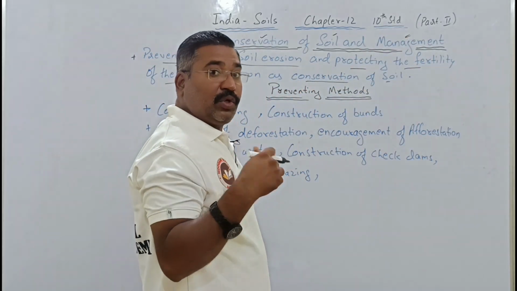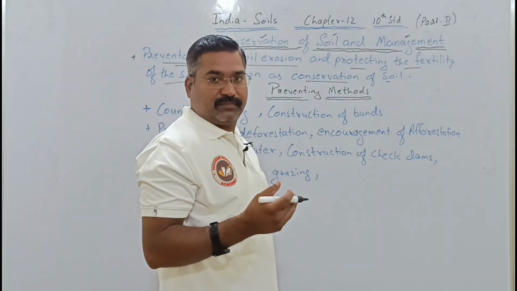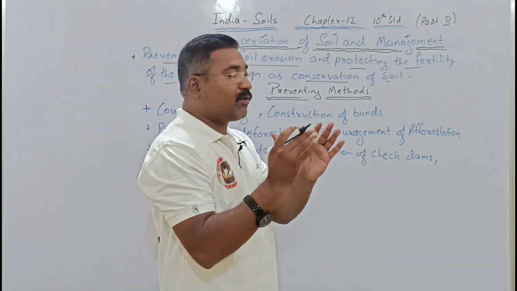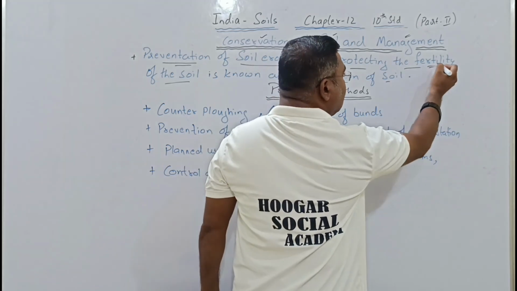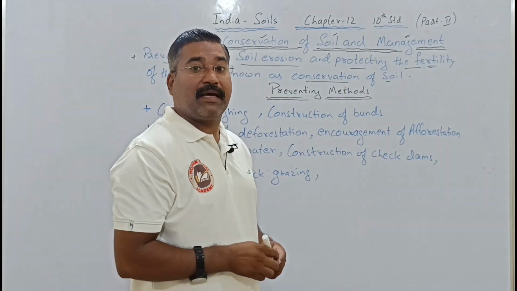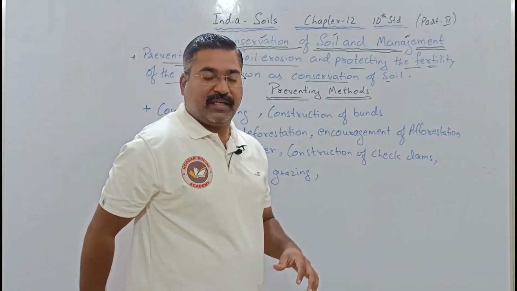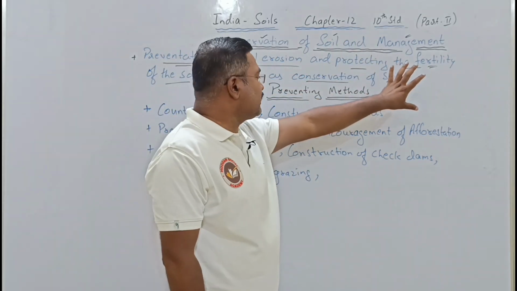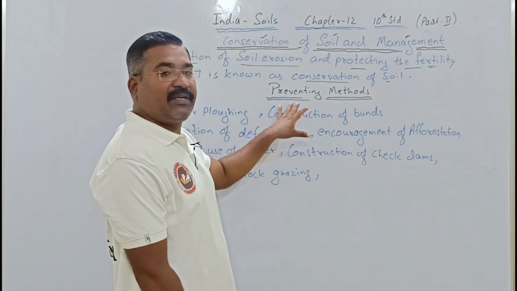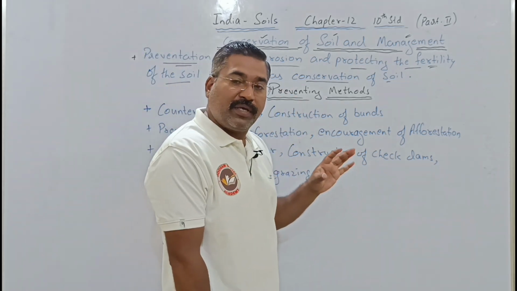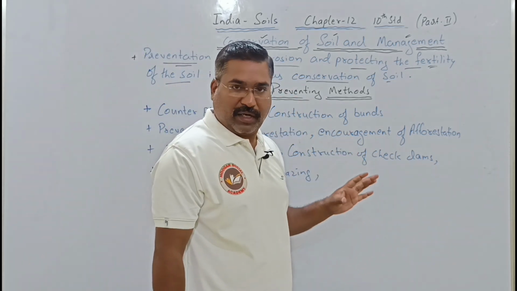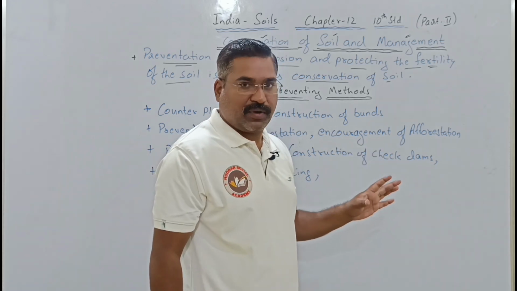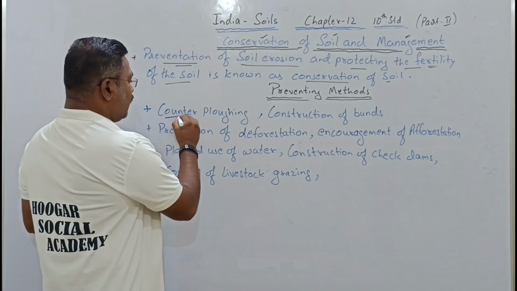To have a good agriculture produce and a proper maintenance of fertility is what we call management. Now we have some different methods by which we can conserve our soil and stop it from being eroded. What are those methods? First one, contour plowing.